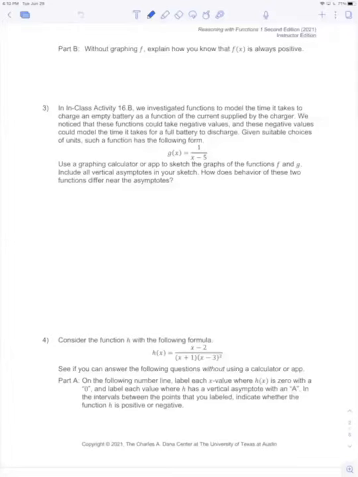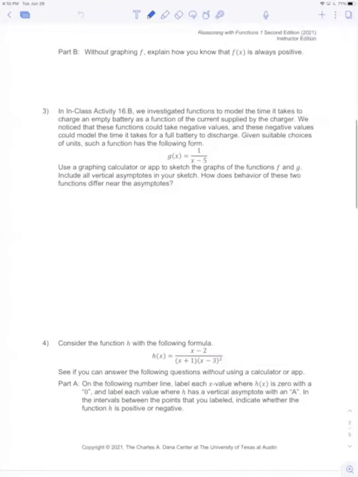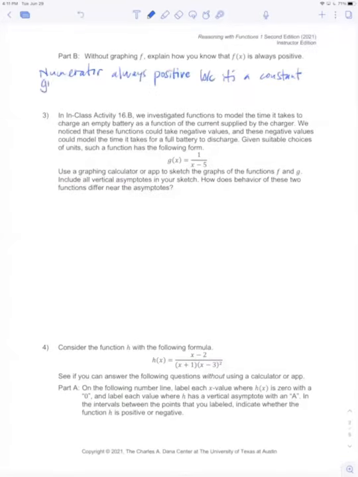All right, so we could say for part B, let's write this down. The numerator is always positive because it's a constant greater than 0. Well, actually, it's 1. That's the numerator. 1 is always positive.